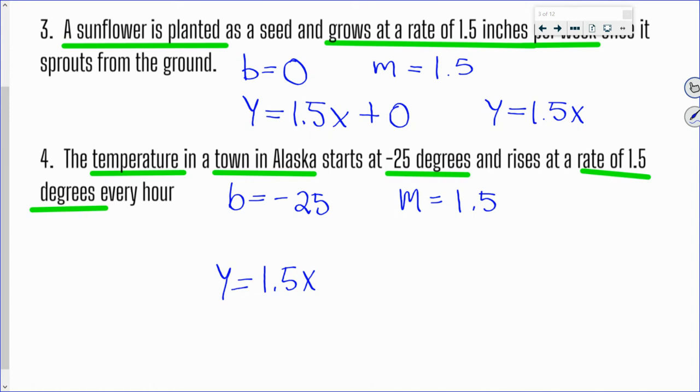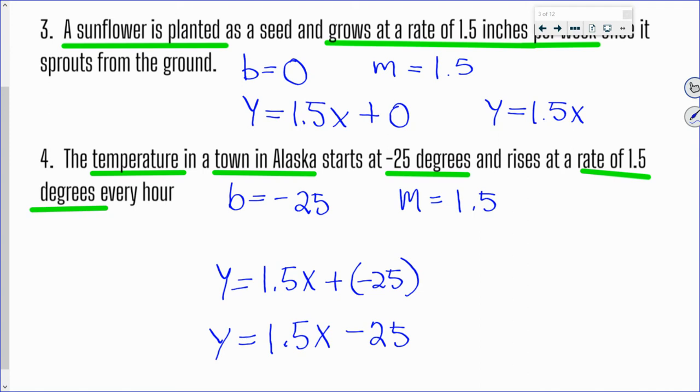Yeah. And you could say plus a negative 25, or if you don't like double signs, which I don't really care for, you write 1.5x minus 25. That's correct. It has to be either plus a negative or subtract. Really, that's negative 25.